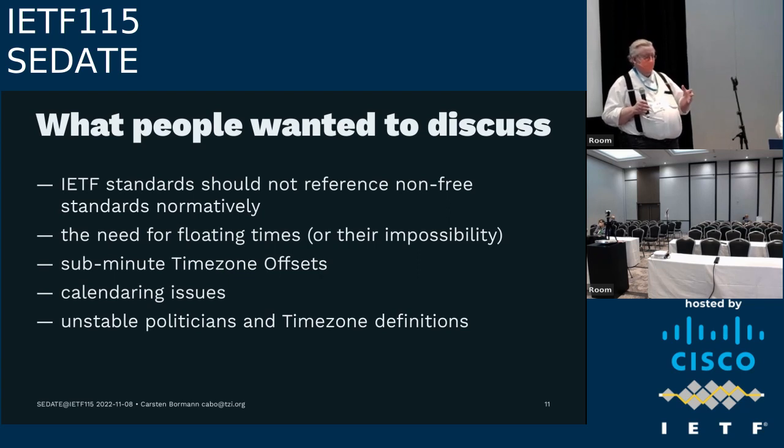So RFC 3339 really wasn't the right standard to represent that in any case. So this is about calendaring times and not about time stamping information in a way that is unambiguously referenced to UTC. So again, not relevant. And of course, you can then from there go into tangents on unstable politicians and time zone definitions. And yes, that has happened in this thread.